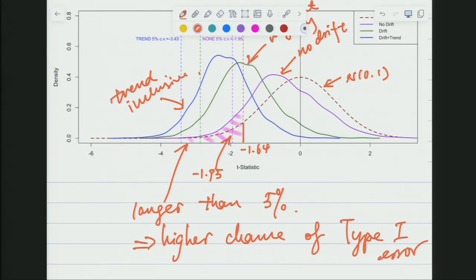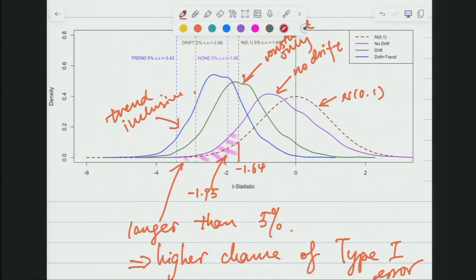Now, coming back to what happens if we have mistakenly included unnecessary terms. First of all, from the plot, we can see that the more deterministic components we include, the further the distribution is shifted toward the left, which means we're using more and more negative critical values, okay?